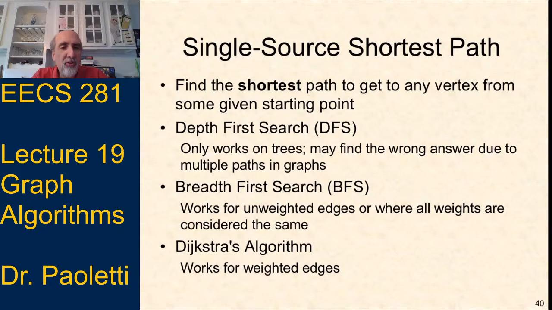So a depth first search would probably find the wrong answer. It's only guaranteed to give the best answer if there's a tree. Now a breadth first search would give the best answer if all weights are considered the same. And really, this is going back to Project 1.